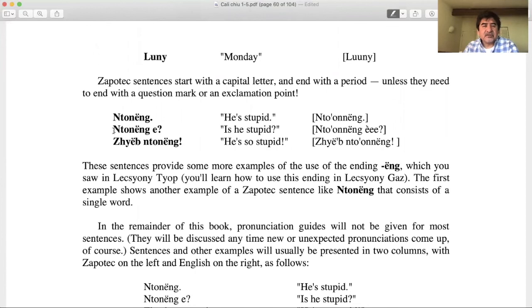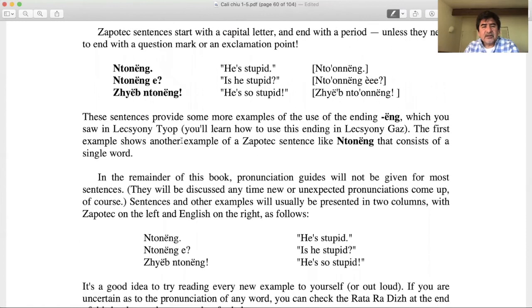So as I said, for the time being, just forget about the rules in Spanish and stick to the English rules, because in Spanish you have to open with a question mark and end with a question mark, right? But in Zapotec, we don't do that. We just put the question mark at the end. Just the same with the exclamation marks. In Spanish they use the opening exclamation mark and the closing, but in Zapotec, we just have the closing exclamation mark.